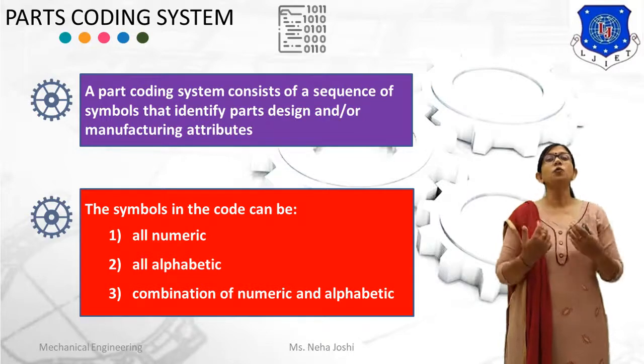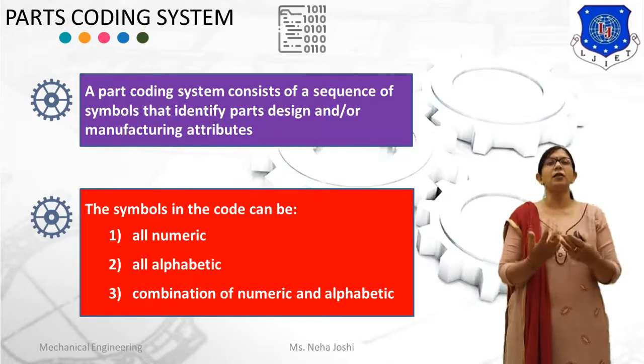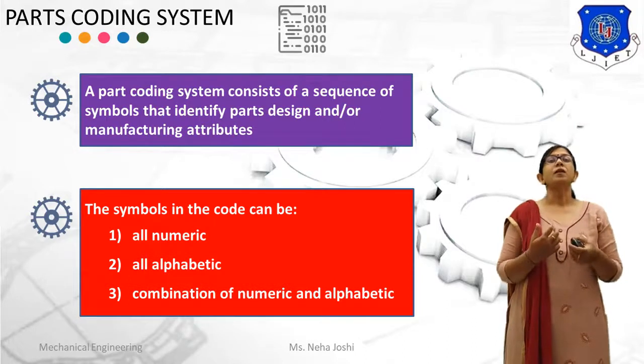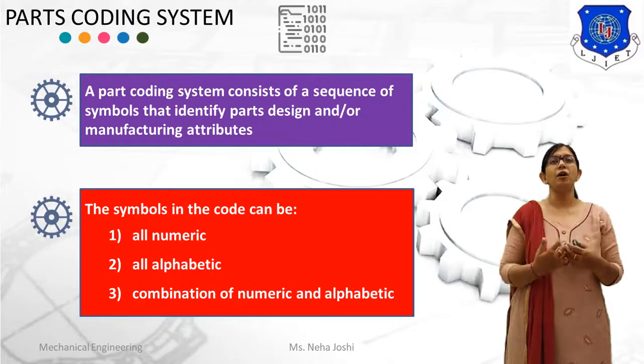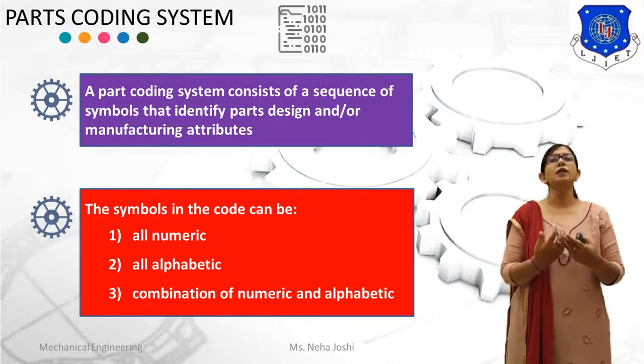Nowadays, there are almost more than 100 types of classification and coding systems available in the world. Besides, the coding system may vary from one company to another company. Many companies have hired experts to improve the coding system, but there is no universal acceptance until now.